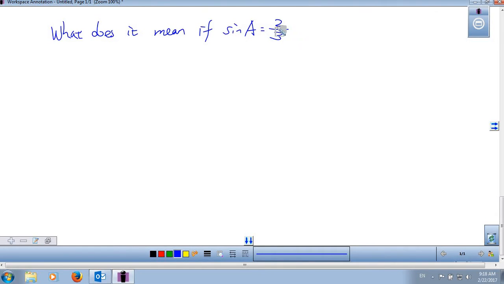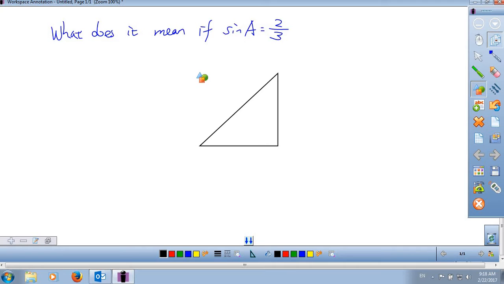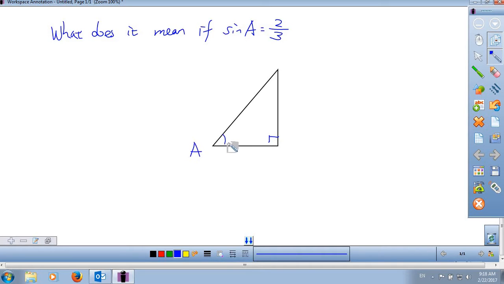Remember SOHCAHTOA, SOH? It's the opposite leg over the hypotenuse. So if I say the sine of angle A is equal to 2/3, that means this can be represented graphically using a right triangle. Let's call this angle A right here.